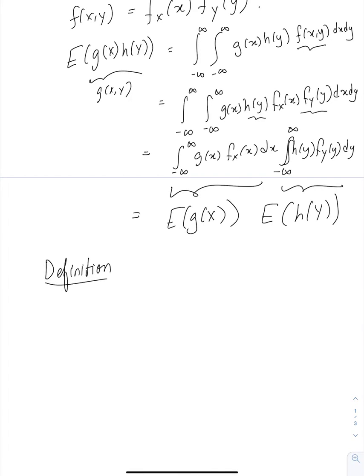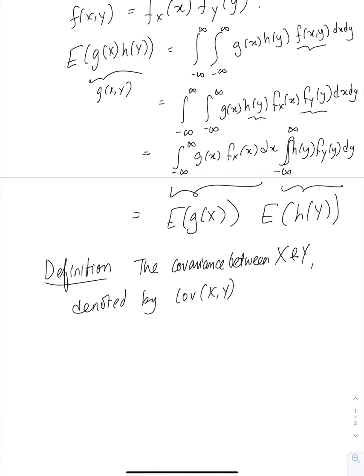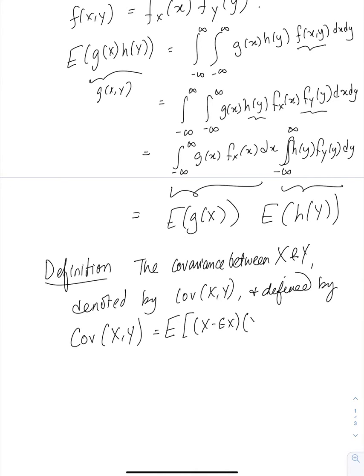So the covariance between random variables X and Y is denoted by Cov(X, Y) and defined by the expected value of X minus its expectation times Y minus its expectation.